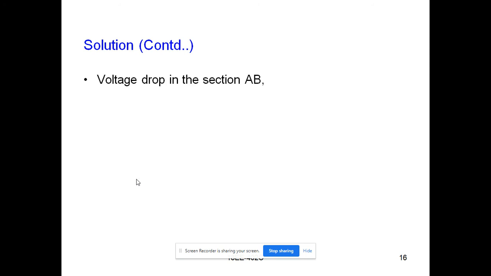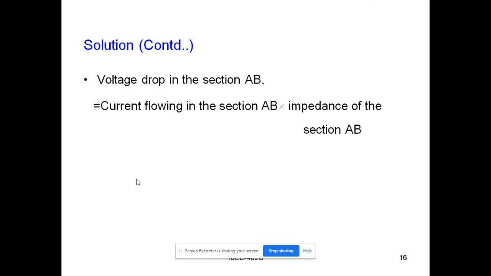In a similar fashion, now we are finding the voltage drop in section AB. To find the voltage drop in section AB, we have to multiply the current flowing in section AB with the impedance of section AB. Since we have found these two in the previous slides, we are multiplying them directly.